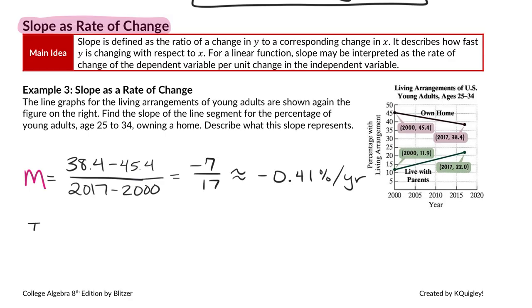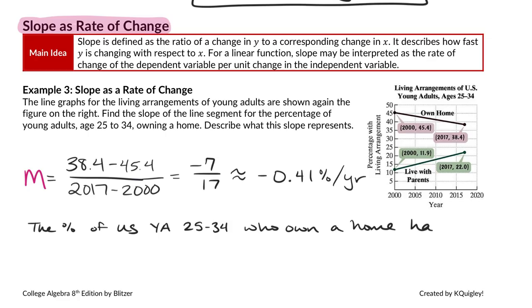We are finding that the percentage of U.S. young adults aged 25 to 34 who own their own home, that's what the data is telling us. And then we actually look at the number.